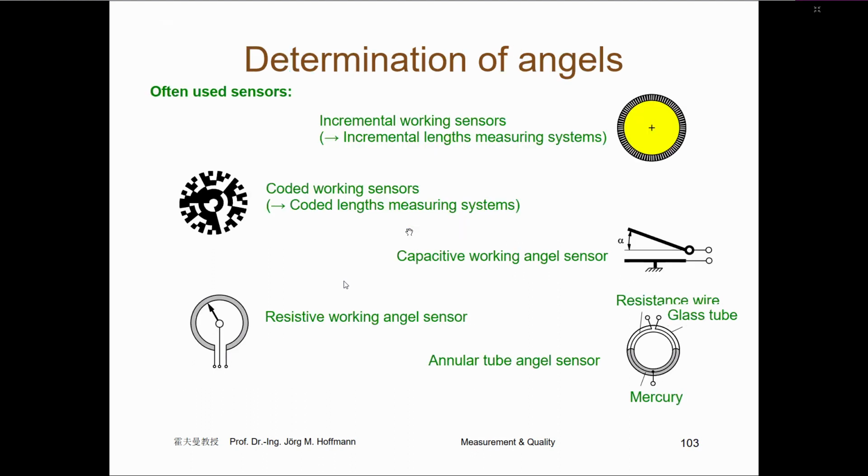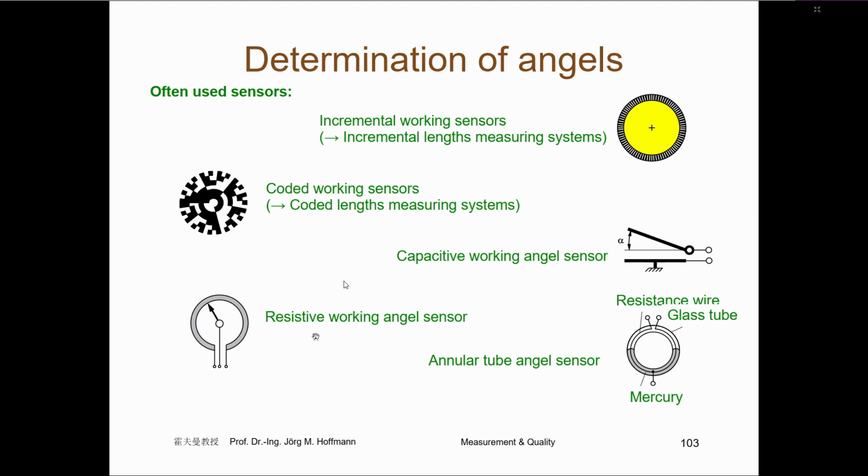A few questions. Yes, determination of angles is nearly all the same as the length measurement. You see here the incremental principle, you see here the coded principle. It's the same as with the length measurement.